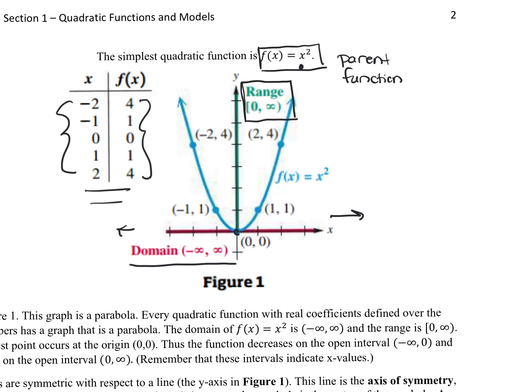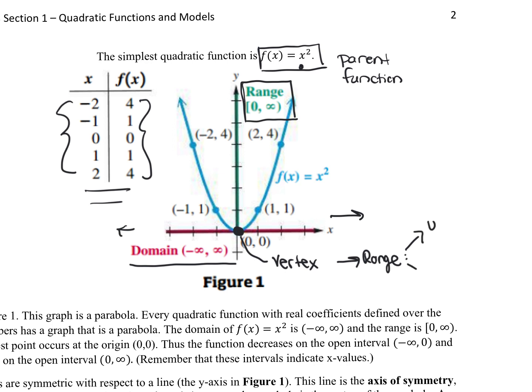In this case, this right here, this magic point, hope you remember that this is called the vertex. And this parabola opens up, it's going up. So my range is one of two things.